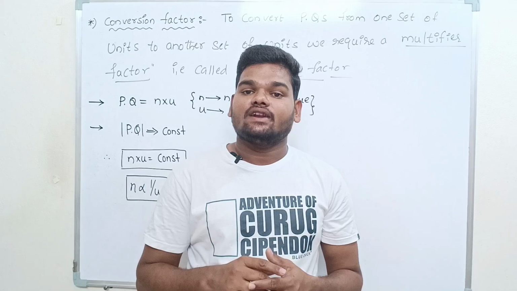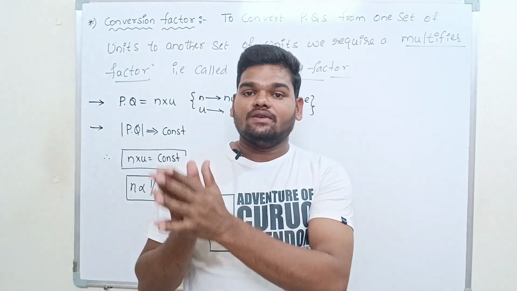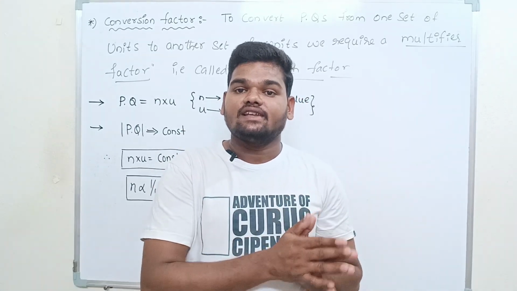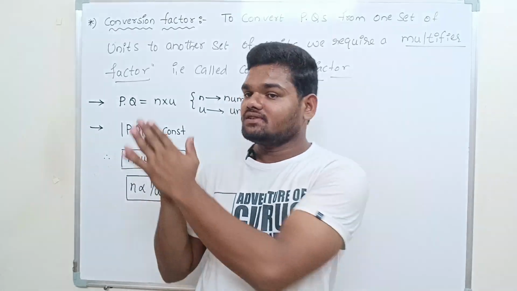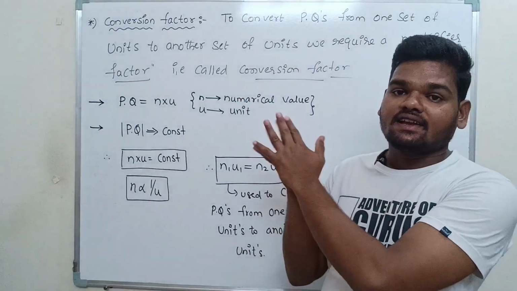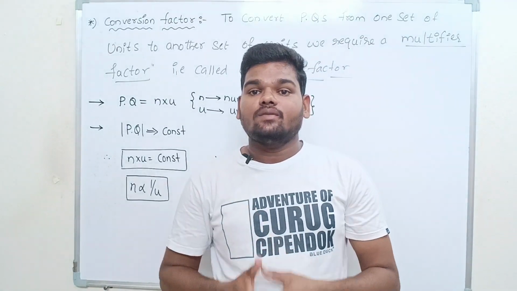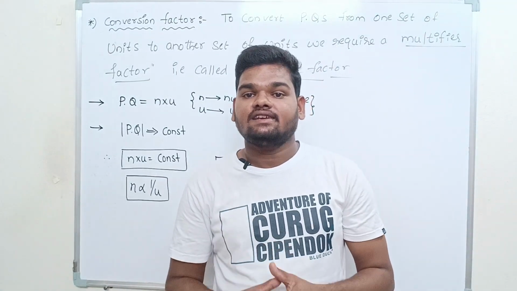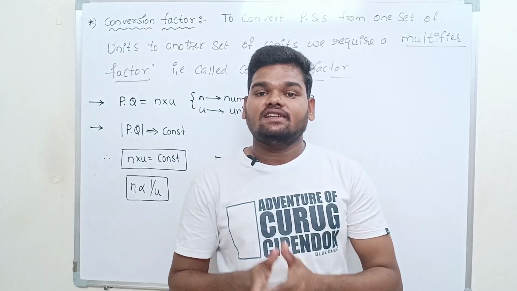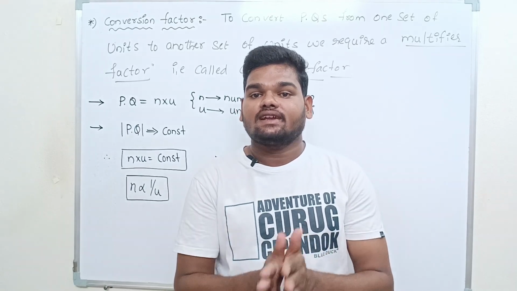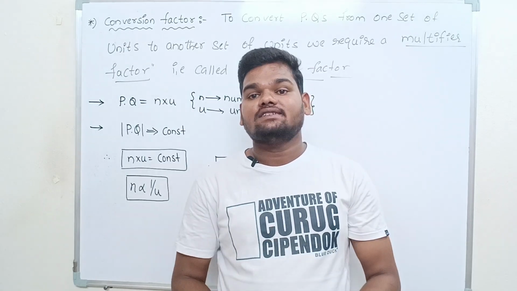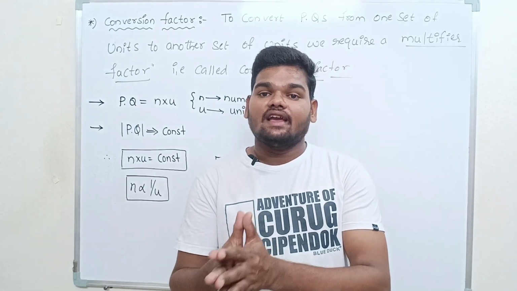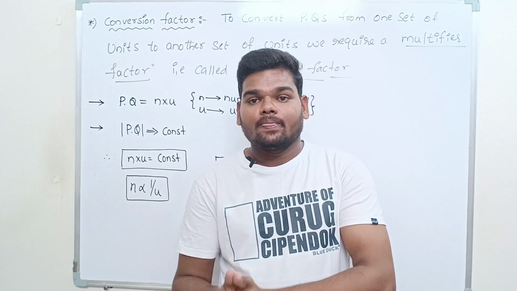There are 7 fundamental physical quantities, and by using those we can write all the formulas in physics. And what is the conversion factor? I hope you understand this lecture, and we will meet in our next lecture, units and measurements class number 2, where we are going to discuss our important concept, dimensional analysis.